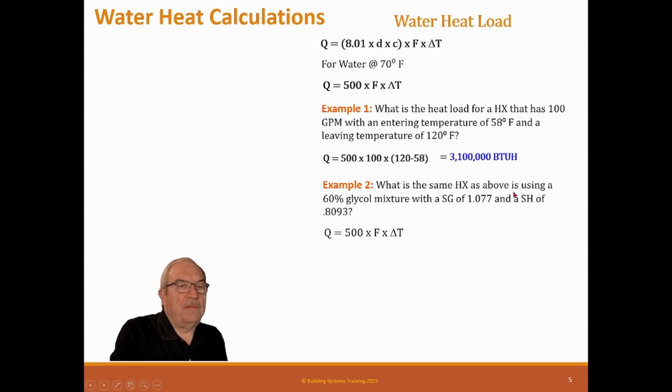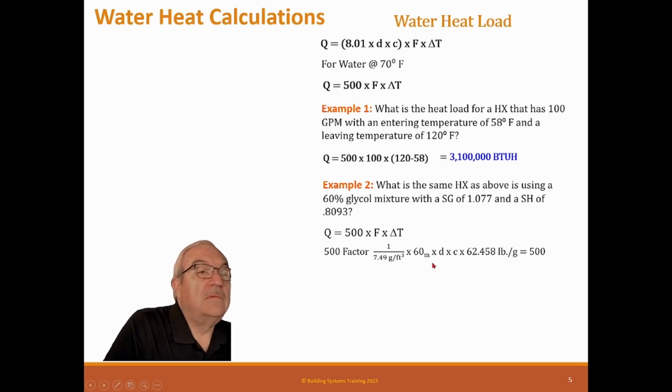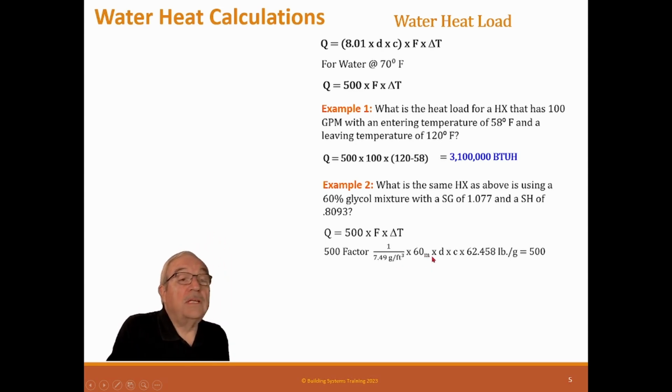So what about the same heat exchanger above using a 60% glycol mixture with a specific gravity of 1.07 and a specific heat of 0.8093? So the 500 factor here is 1 divided by the specific gravity, which is 7.49 weight, times 60, times D density times C times 62.45 pounds, which equals 500.